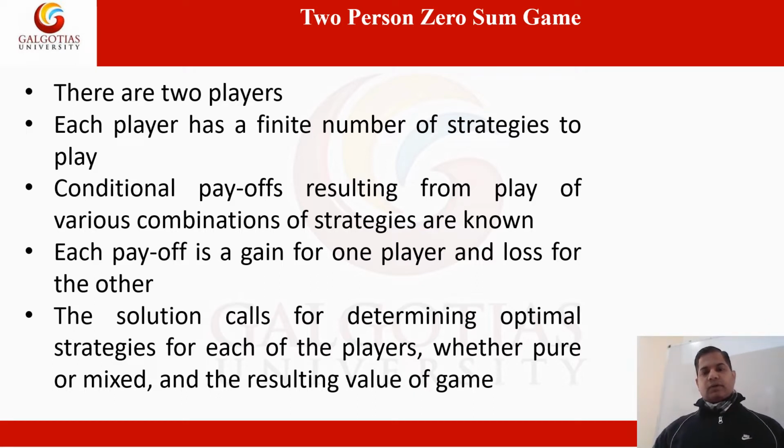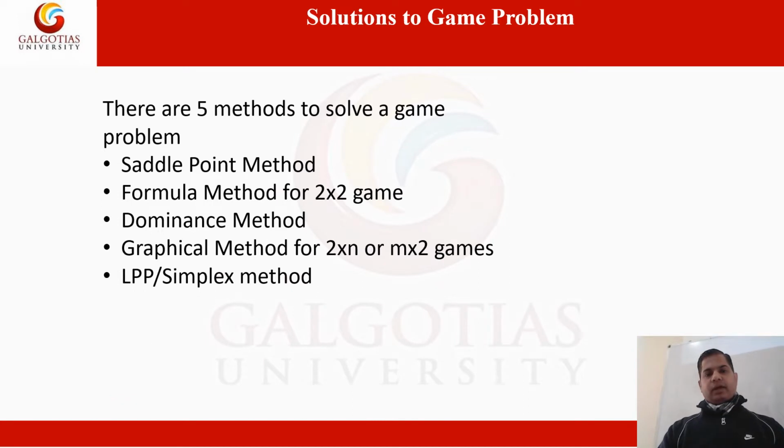So if 5 is a profit for one player when he plays one strategy and the other player plays the second strategy, then 5 is the loss for the second person. The solution calls for determining optimal strategies for each of the players, whether pure or mixed strategies, and the resulting value of the game.